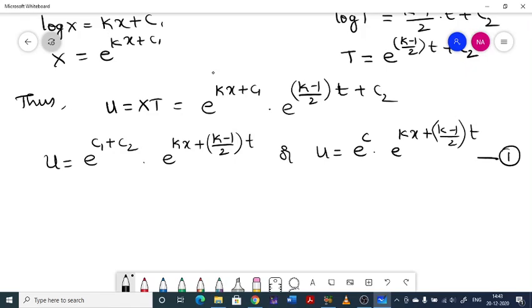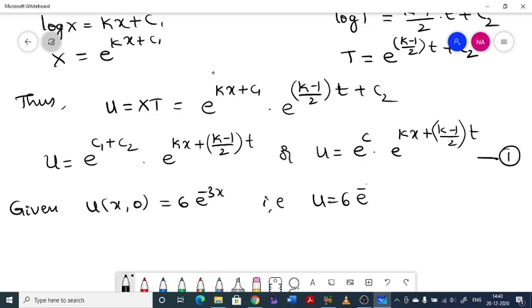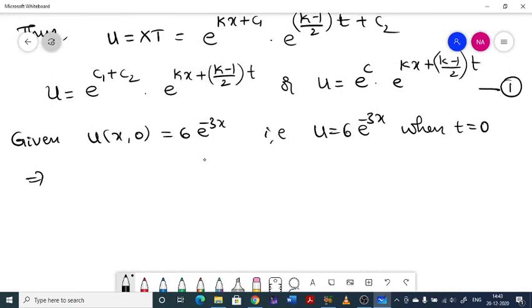Given that u of x comma 0 equal to 6 e power minus 3x, that is u equal to 6 e power minus 3x when t equal to 0. So using that condition in equation 1 I'll get 6 e power minus 3x equal to e power c into e power kx, since t is 0, the second term will be 0.